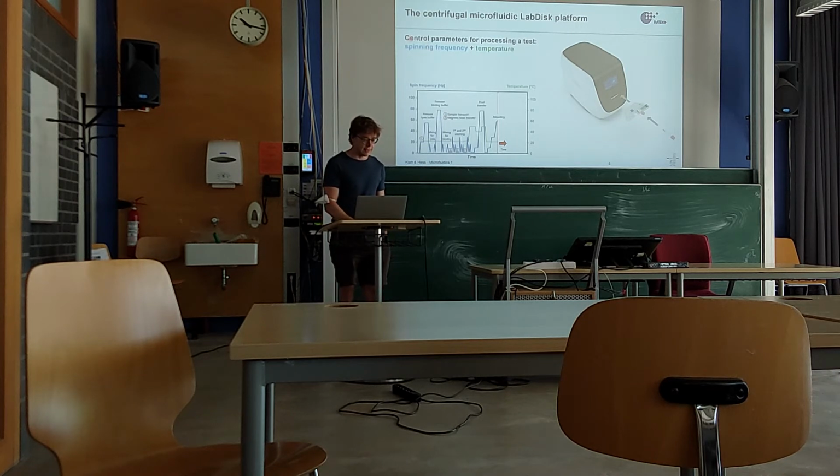And like I already said, the main control parameter is the spinning frequency, and as is depicted in this graphic down here, the spinning frequency can be modified. Sometimes you spin at a high frequency, sometimes you spin at a low frequency, and by varying the frequency, you are able to do the unit operations. A second parameter that is really important is the temperature.